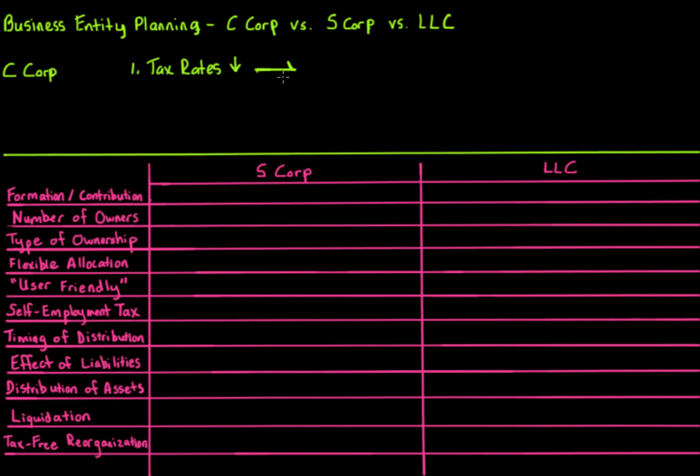So the idea is that the tax rate is lower on retained earnings because that is the tax that is within the C corporation. Okay?